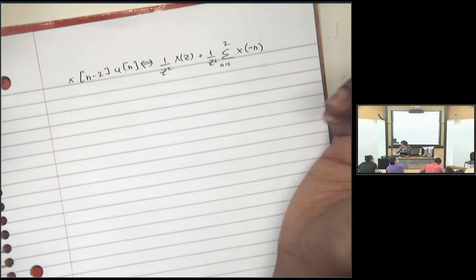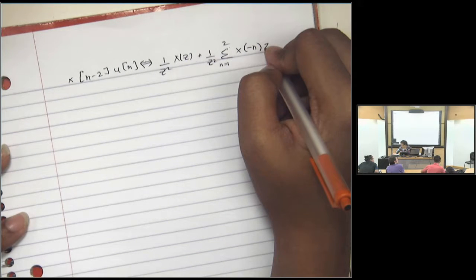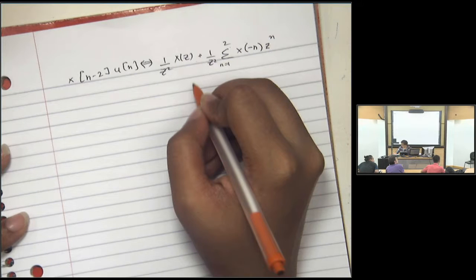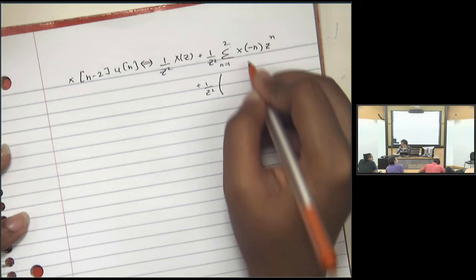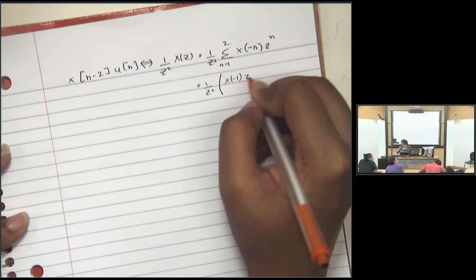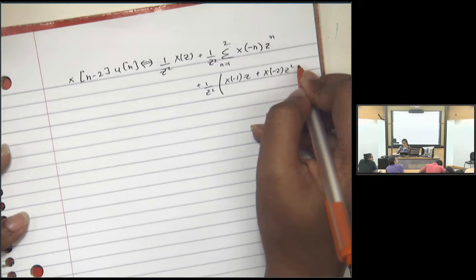You can expand that: the first term will be x of minus 1 times z, plus x of minus 2 times z square.